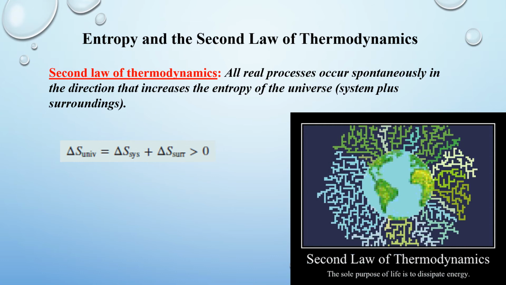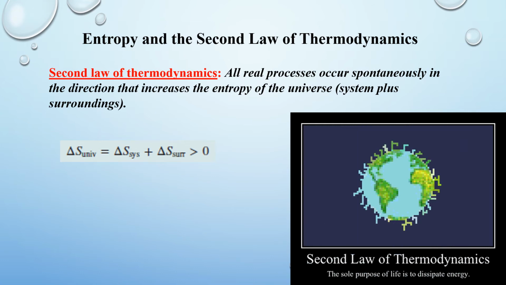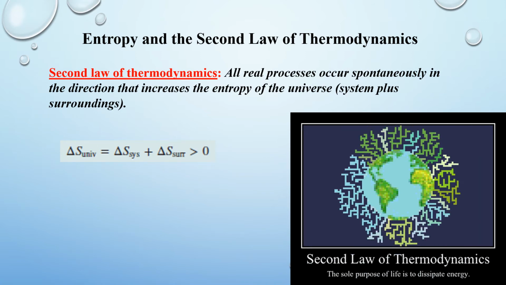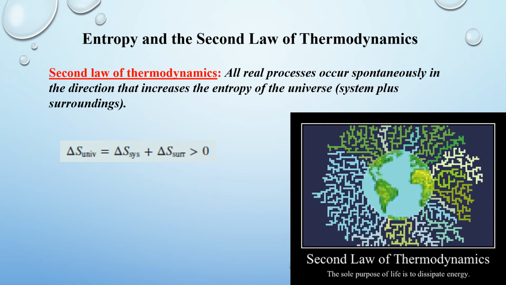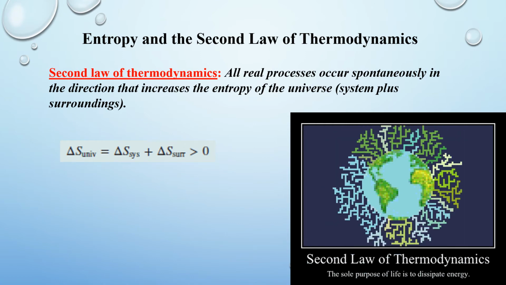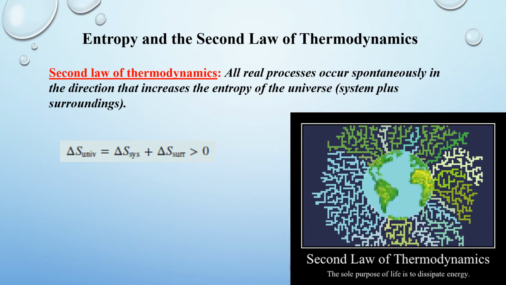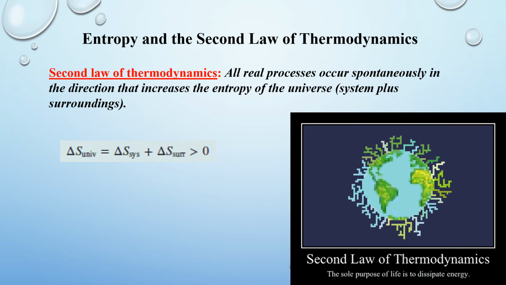So when we consider whether a spontaneous reaction happens, or its direction, we have to consider the second law of thermodynamics. The second law states that all real processes occur spontaneously in the direction that increases the entropy of the universe. Not the system, not the surroundings, but the universe.